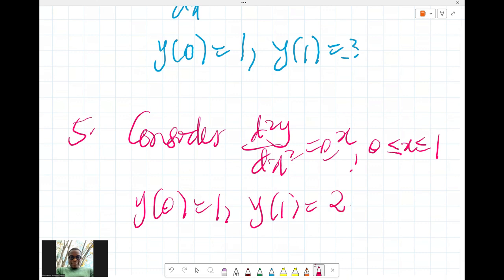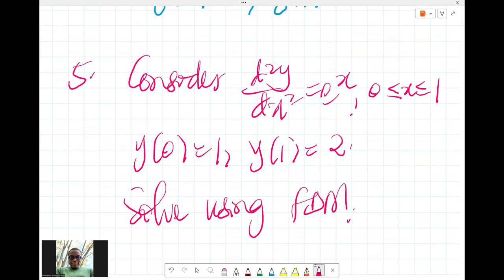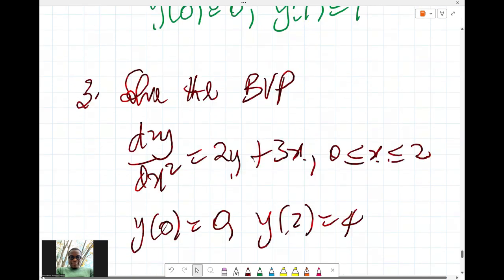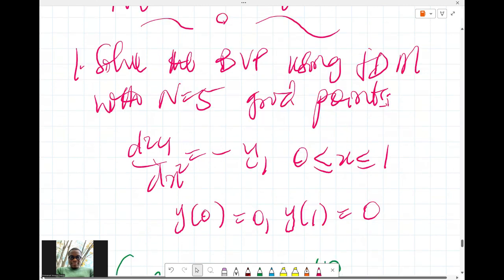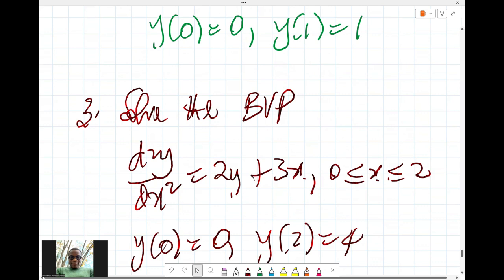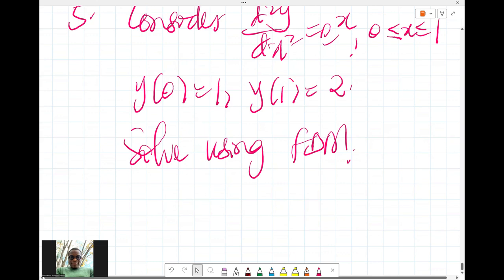Then solve using finite difference method. So this provides ample opportunity for you to try your hands using finite difference method on boundary value problems. So this is question 1, question 2 in green, question 3, question 4, and question 5.